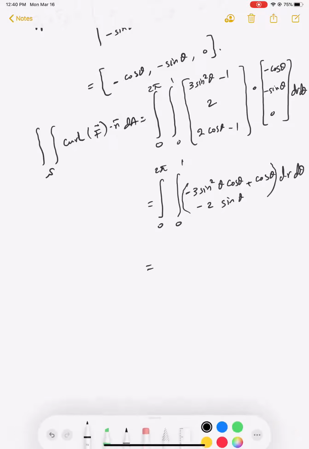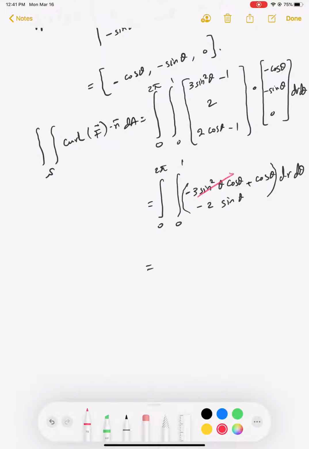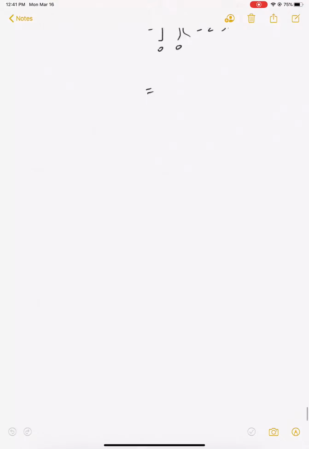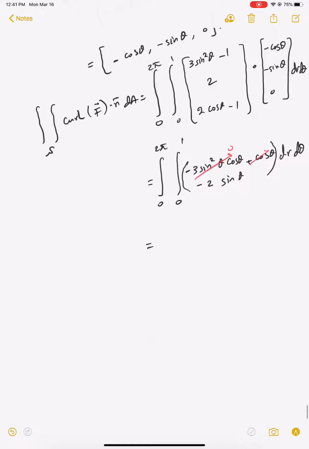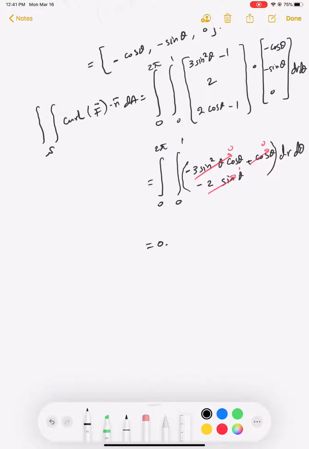Now you can easily see, you can just right away, this is 0. This is 0, this is 0, this is 0. So in the end, my final answer is 0. Okay? My final answer is 0.